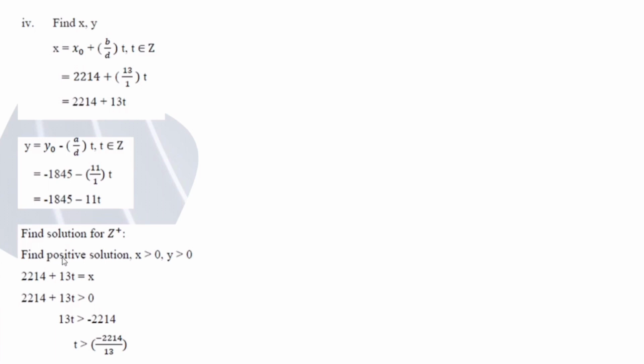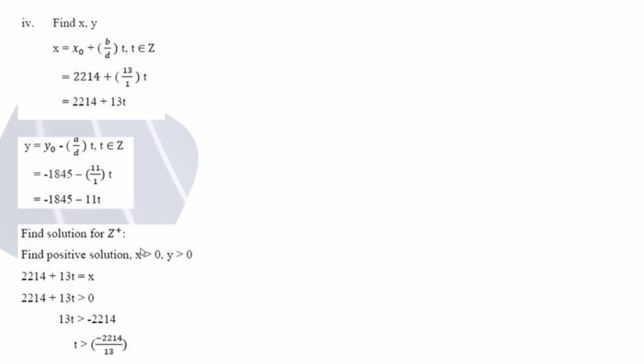Next, to find the solution for Z to the power of positive, find the solution for x, which is greater than 0, and y, which is greater than 0. Alright, so to find the value of x, which is greater than 0, we can substitute the above equation where we got in the previous part, where 2214 plus 13t is equals to x, where x is greater than 0.